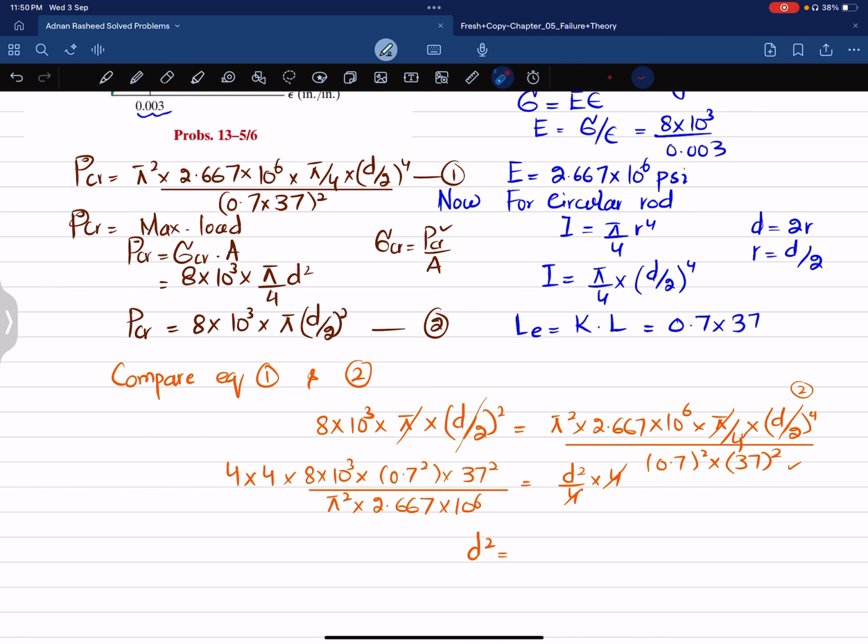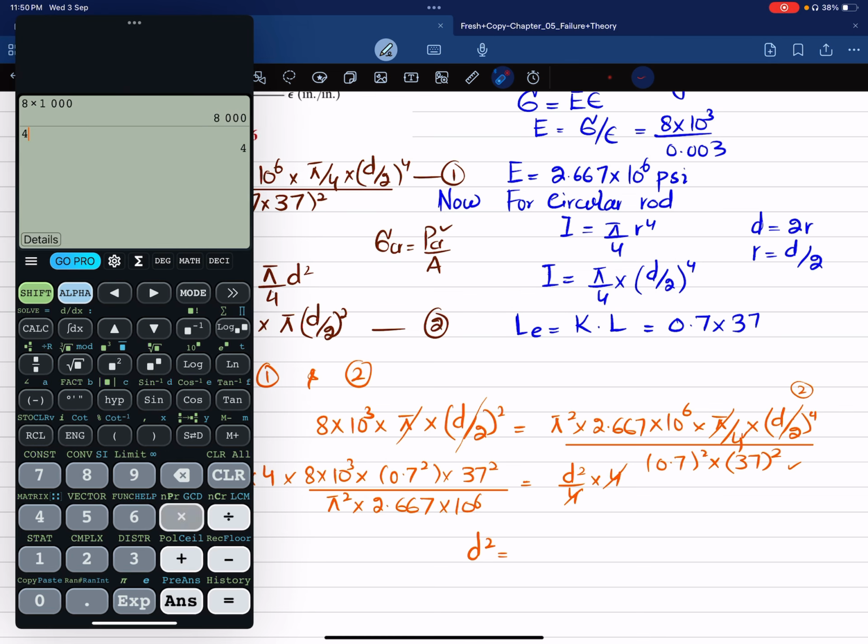We will calculate it. So I will write 4 multiplied by 4 multiplied by 8 multiplied by 1000 multiplied by 0.7 square multiplied by 37 square, divided by 3.1417 square multiplied by 2.667 multiplied by 10 raised to power 6.